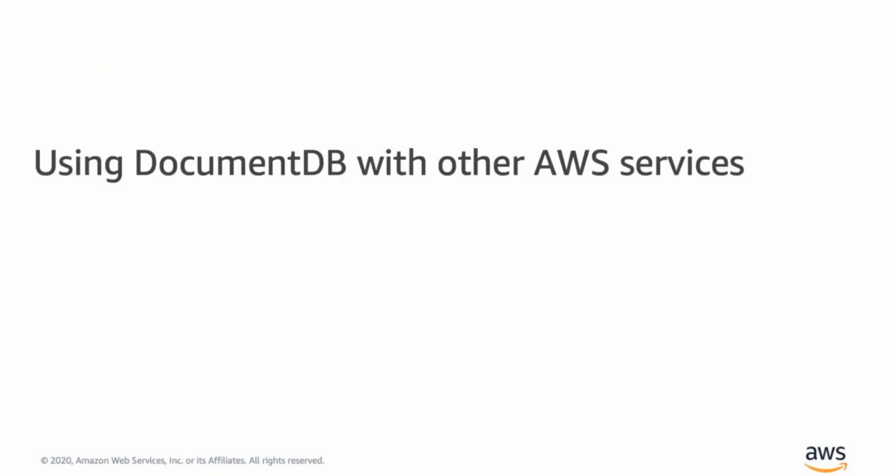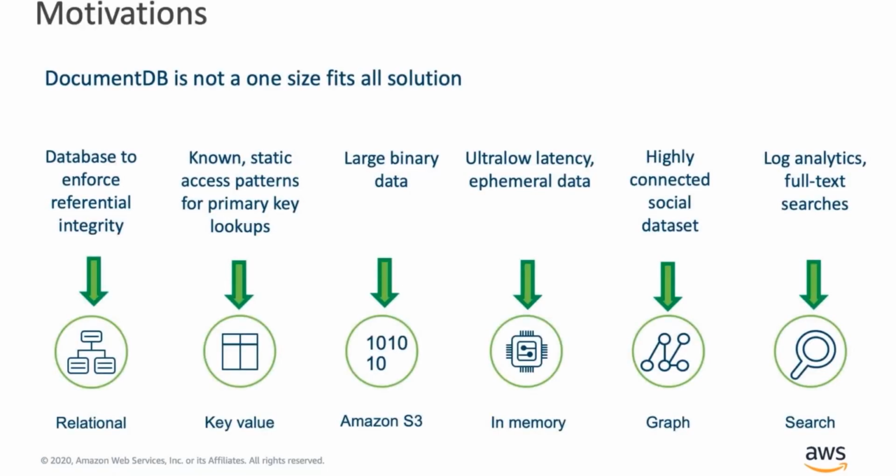Moving on, we often get asked from our customers about how they can use DocumentDB with other AWS services. Before we talk about how you can do that, it's important to talk about why you would want to do that. AWS services are purpose-built, and that means every service serves a purpose. If you're looking for a database to enforce referential integrity, a relational database is the right fit for you.